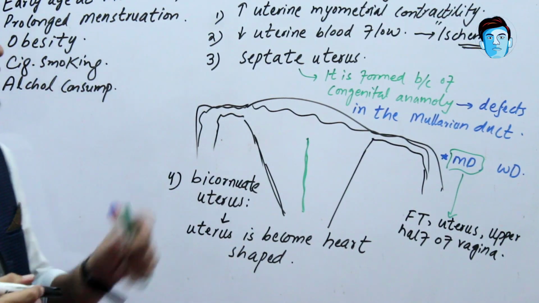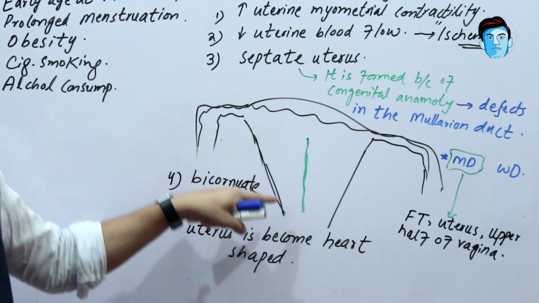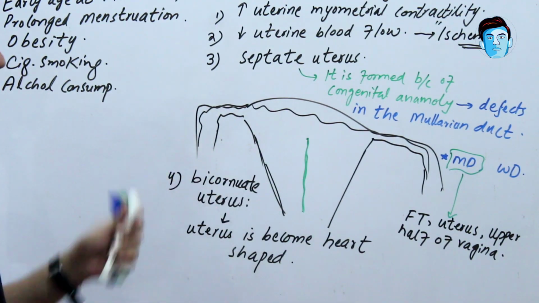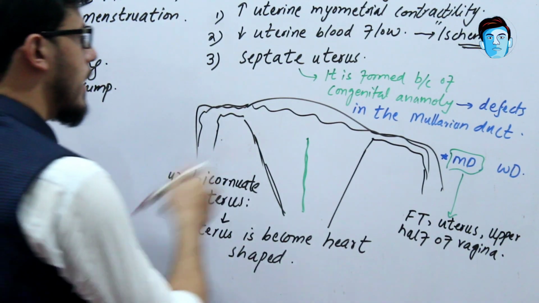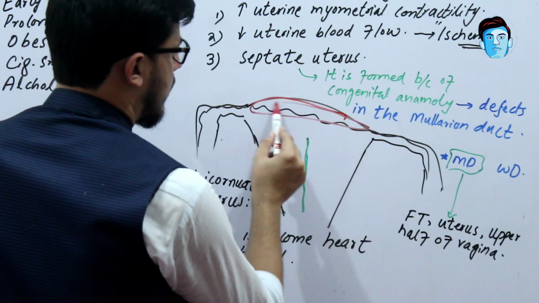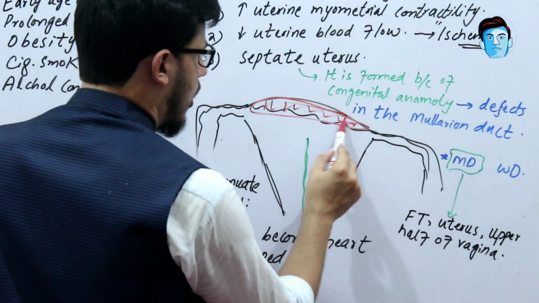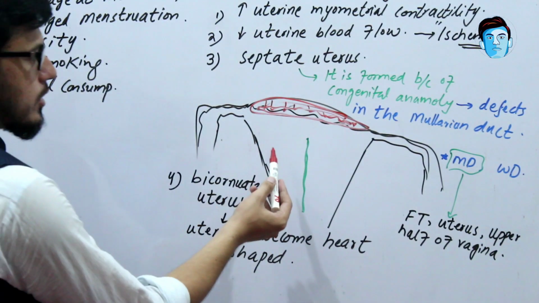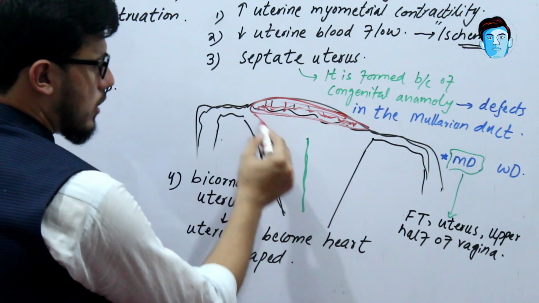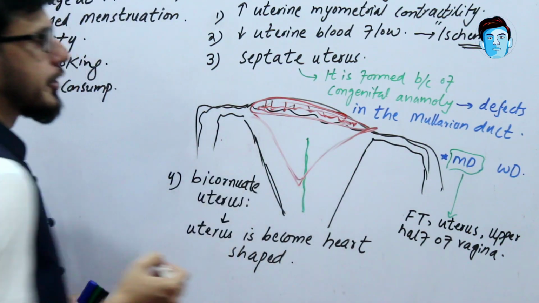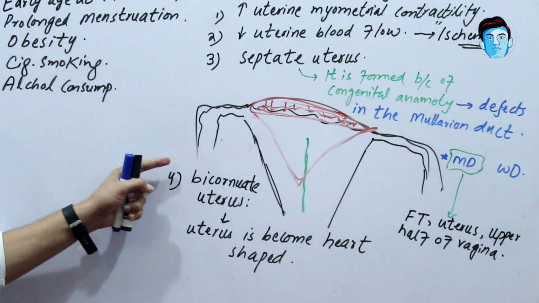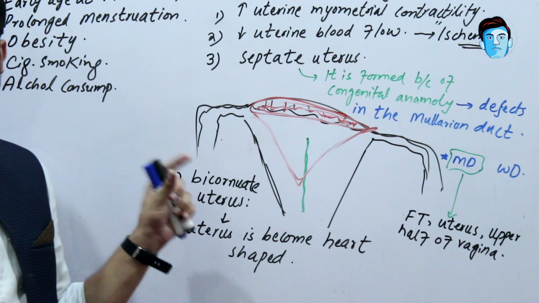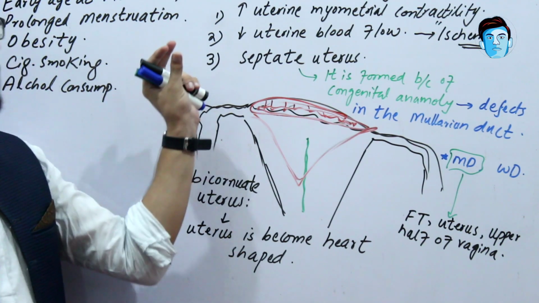As we know, the uterus consists of three parts: fundus, body and cervix. So in the bicornuate uterus, the fundus formation is absent. As a result, the uterus looks heart shaped. So it is also considered a cause of primary dysmenorrhea.